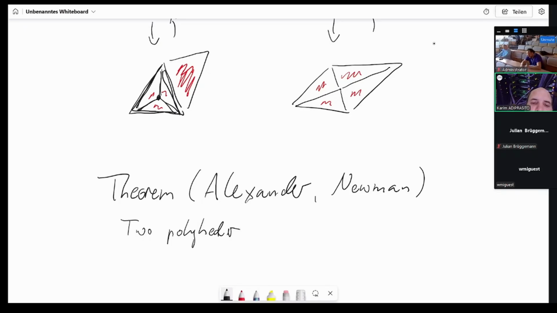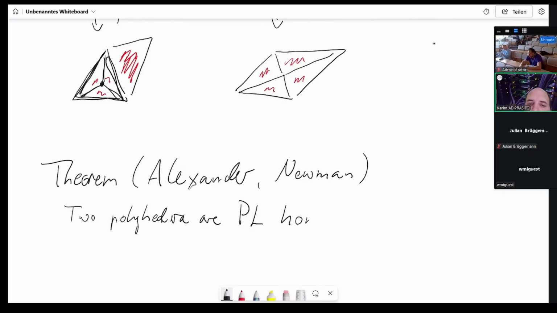hydra are PL homeomorphic, so they are connected by a homeomorphism that is actually stronger than just a homeomorphism.